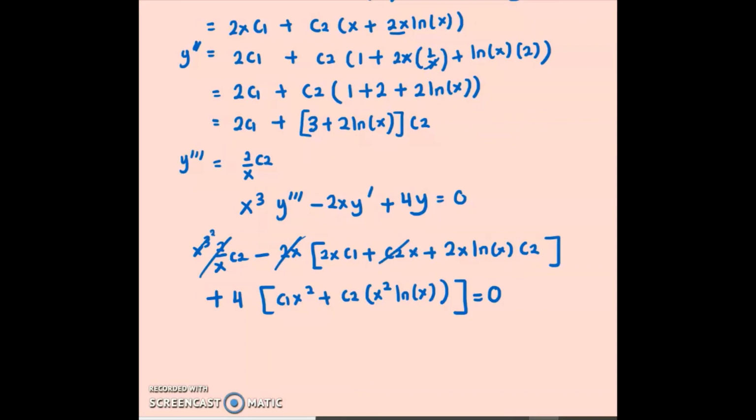The 4x c1 terms, minus and plus, cancel out, and with the 2 times 2x squared ln x, which is 4x squared ln x, that cancels out too, so we get 0 here. Therefore, I can say that y1 and y2 are solutions to the given differential equation.